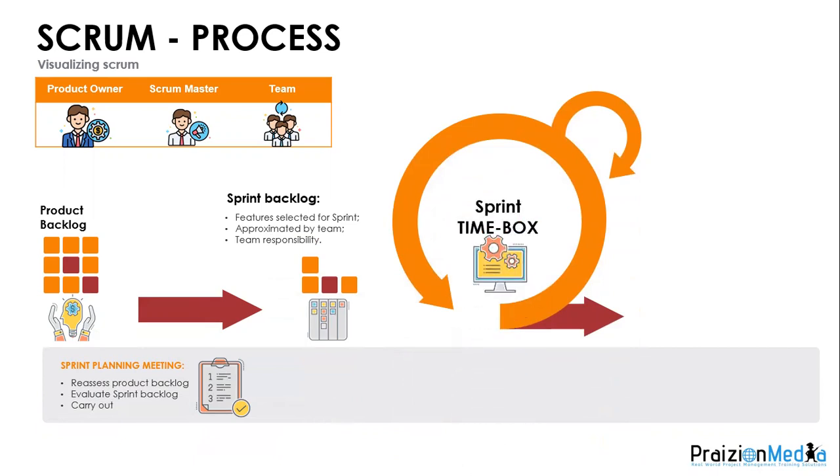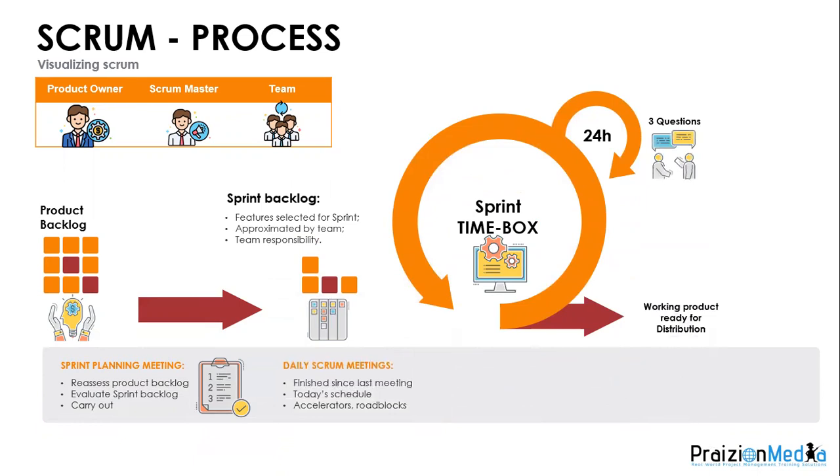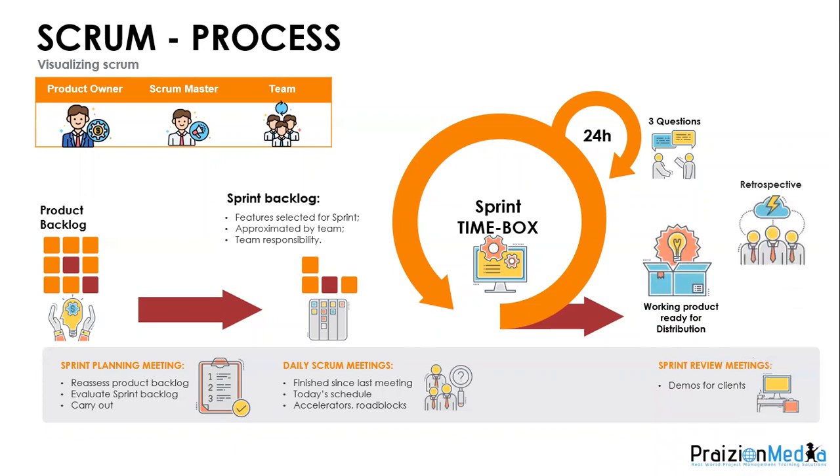The 5 ceremonies that we officially identify are sprint planning, the daily Scrum, the sprint itself, the sprint review, and the retrospective. And there's a non-official ceremony called backlog refinement, which is also very important, but not an official ceremony.